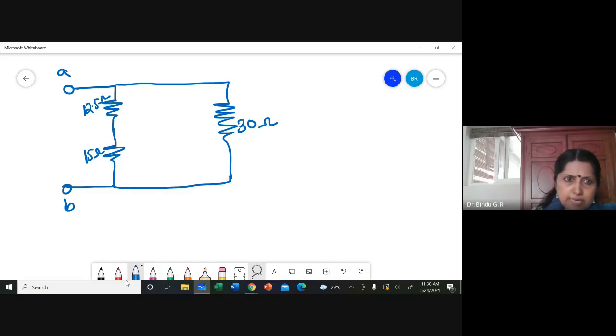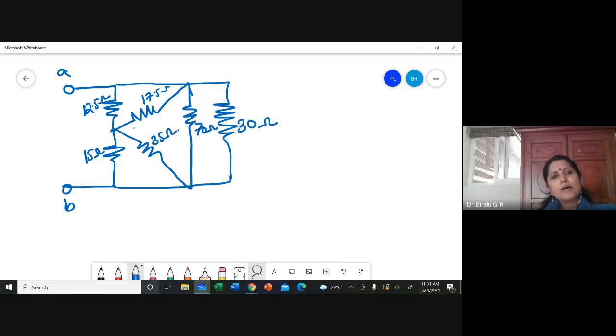Then I have this delta coming in, which is 17.5 ohm, then 70 ohm, and then this delta arm which is 35 ohm. This is how I end up when I convert the star into delta.